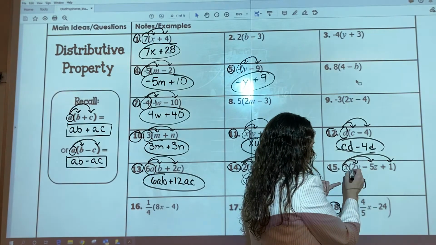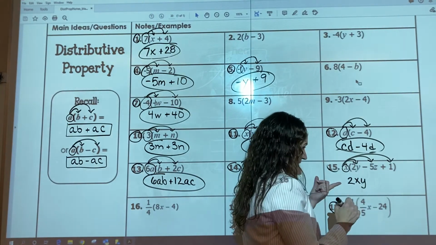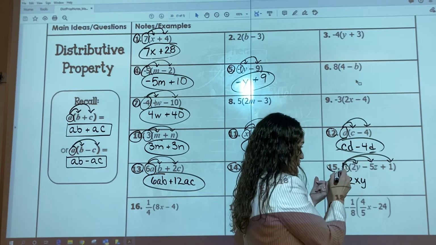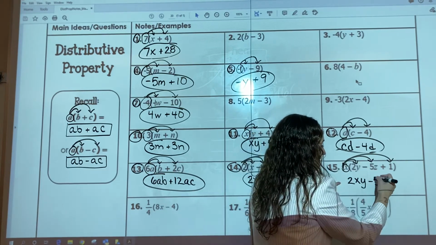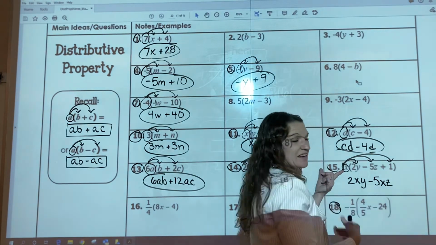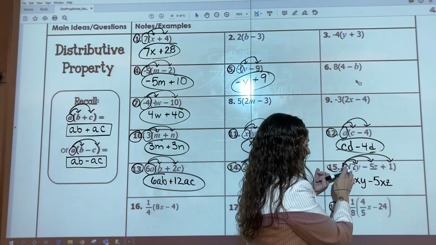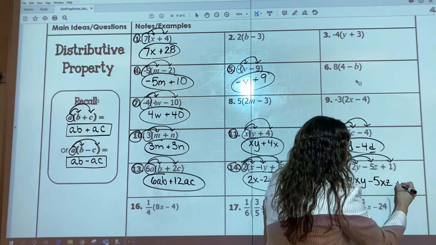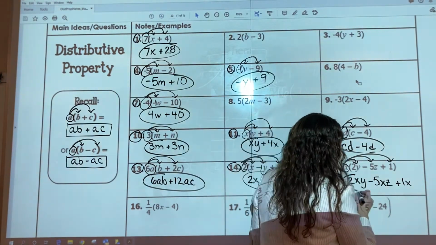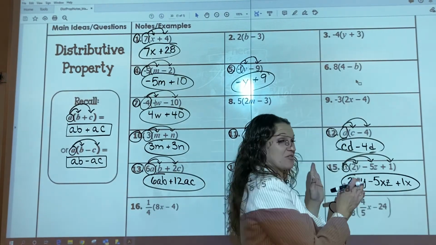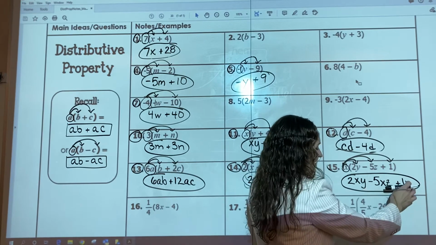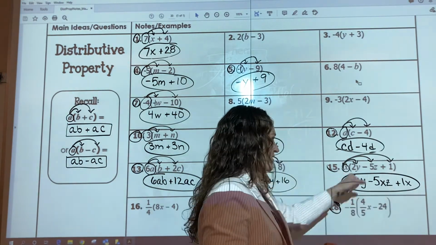Next one, x times negative 5z. Technically this is a 1x. So 1 times negative 5 gives me negative 5. And then I'm going to put my x first and then my z in alphabetical order. And then x times positive 1 is positive 1x, or just plus x. Again, these are not like terms. We have an xy here, an xz here, and just an x here. Nothing is alike, so I can't combine any.